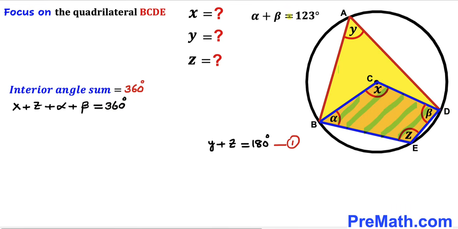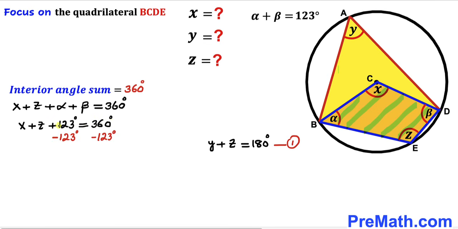360 degrees. Now we know that alpha plus beta equals 123 degrees, so we are going to substitute that value here. So we can write X plus Z plus 123 degrees equals 360 degrees.